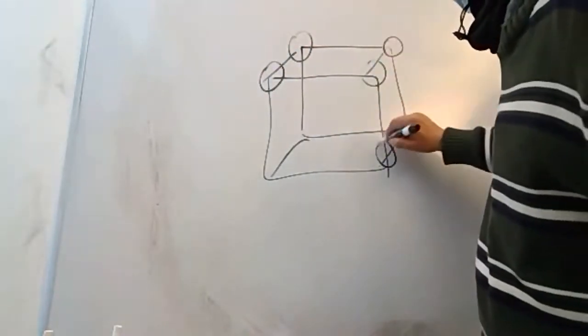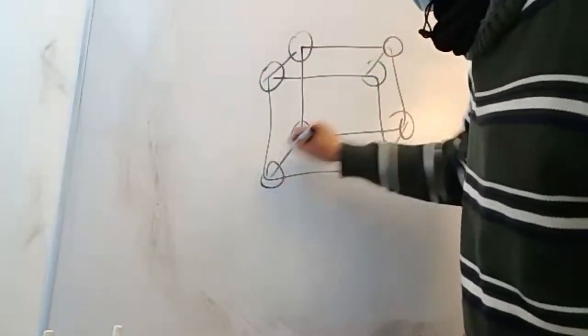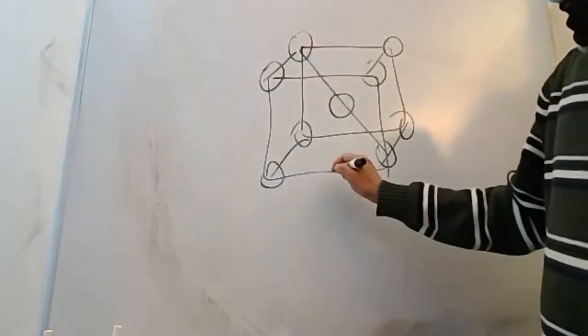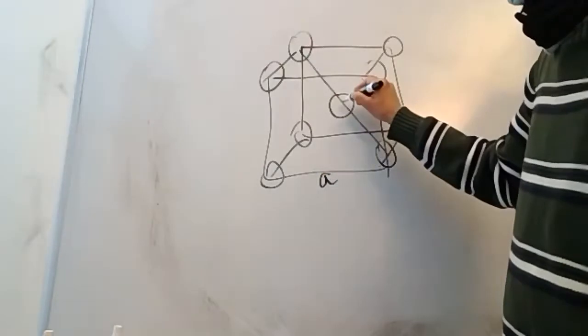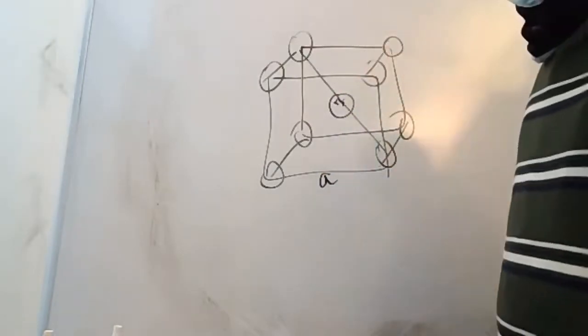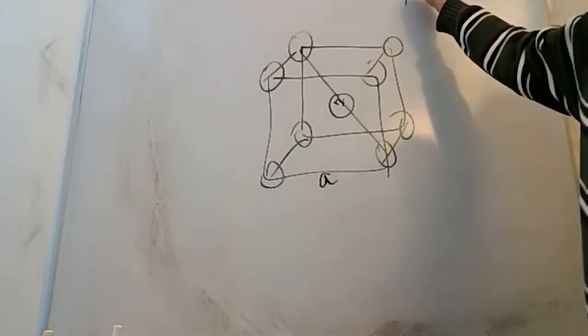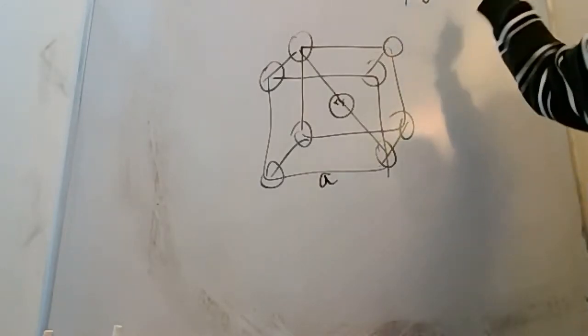When we imagine the atoms are touching, they are touching along the body diagonal. If A is the side, R is the radius, what will be the fractional occupancy of this?